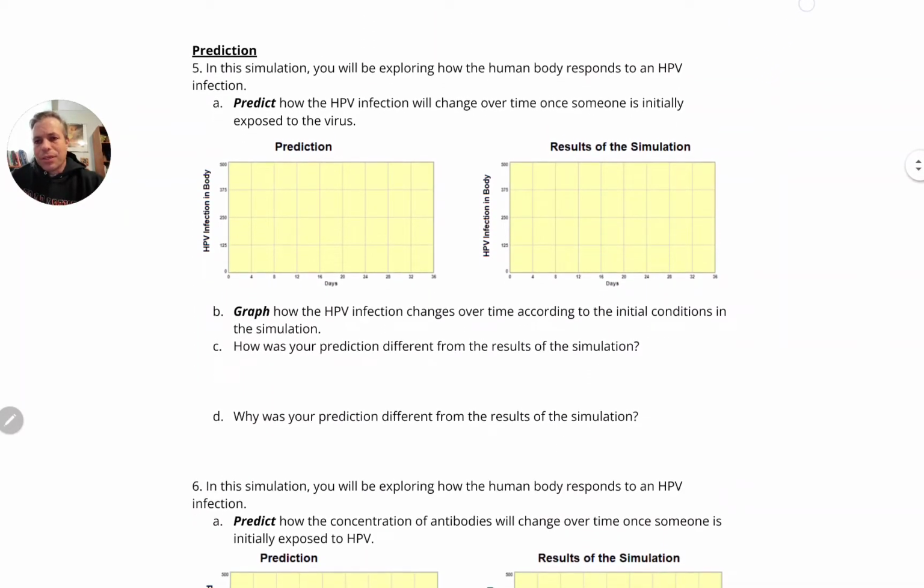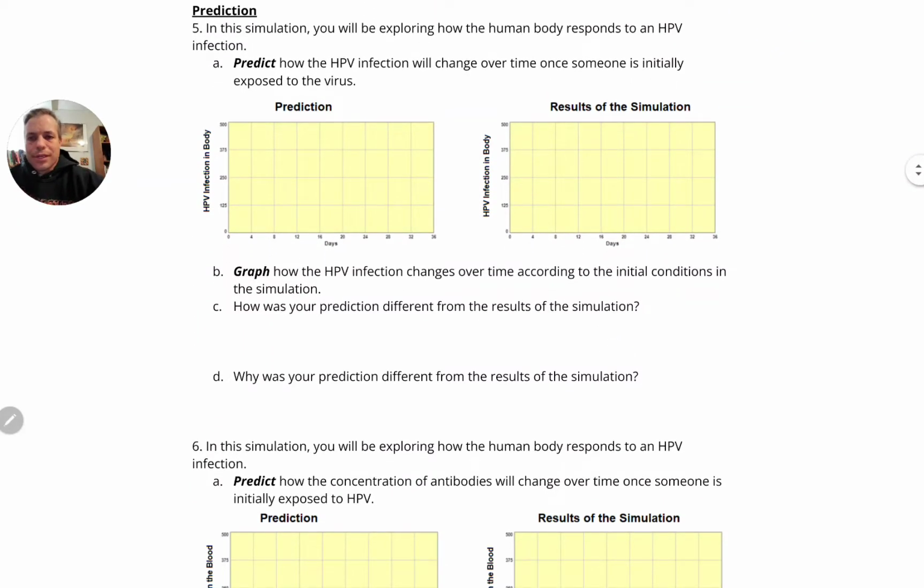Then what I like to do at the start, before I set students loose with using the simulation, is have the interface up for the simulation on my overhead. I have students predict the two main things we're going to track through this activity.